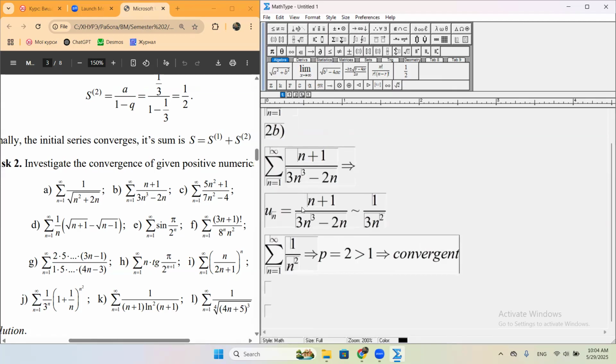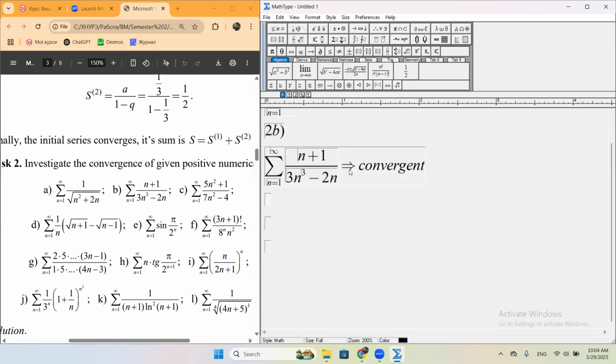And as our term has the same order as the nth term of this series, it means that the initial series is convergent as well. Any questions? Okay, no questions. So now let's move to the next exercise.